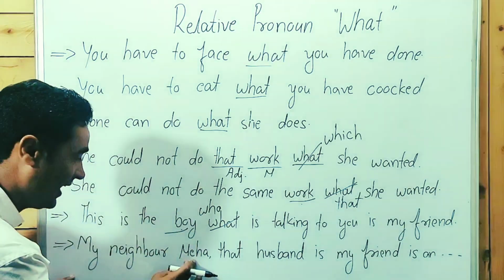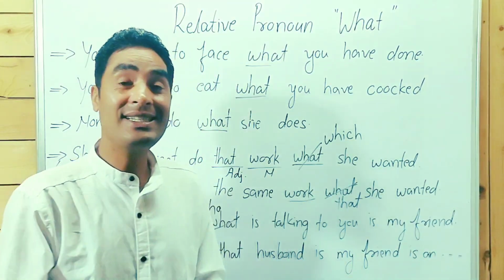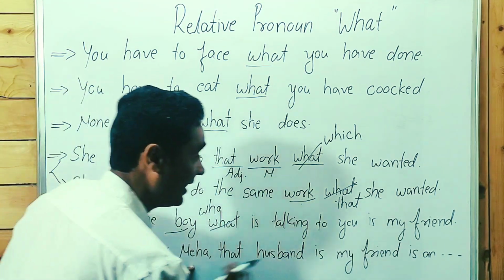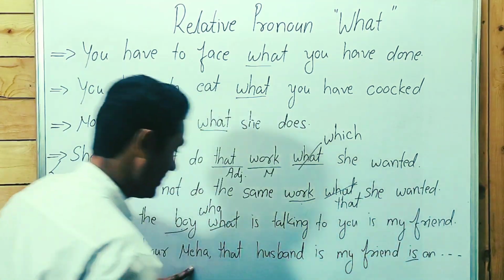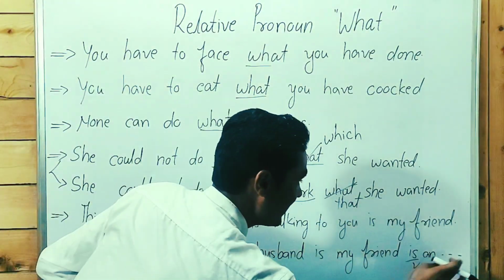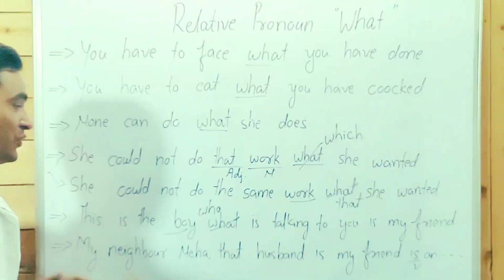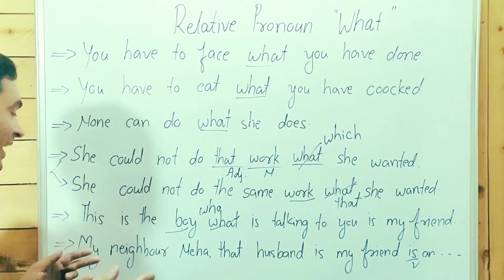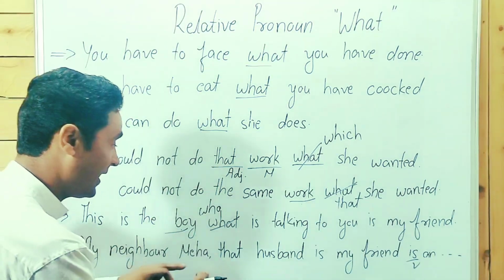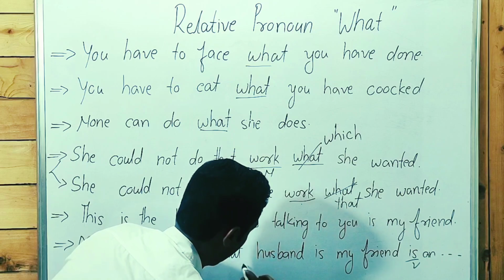My neighbor Neha, that husband is my friend, he's an engineer. My neighbor Neha is an engineer. The main verb of the sentence here is: my neighbor Neha is an engineer, is a doctor, is a student, whatever you want to say. My neighbor Neha, that husband. No, we say whose husband.